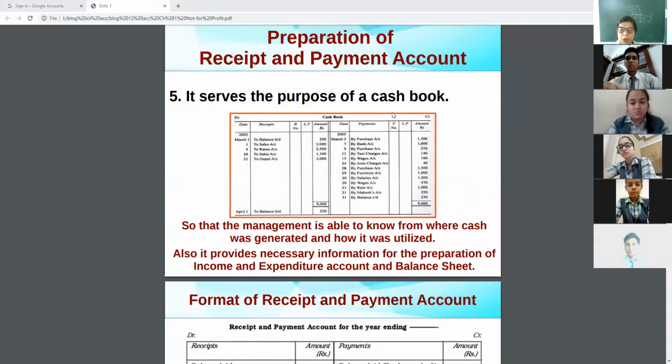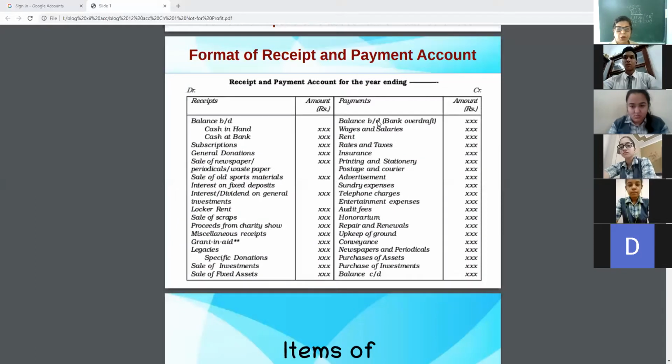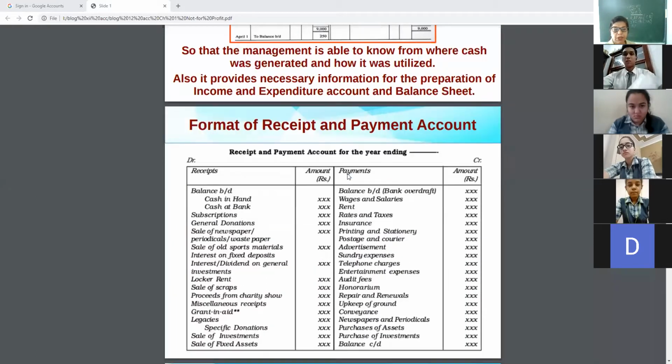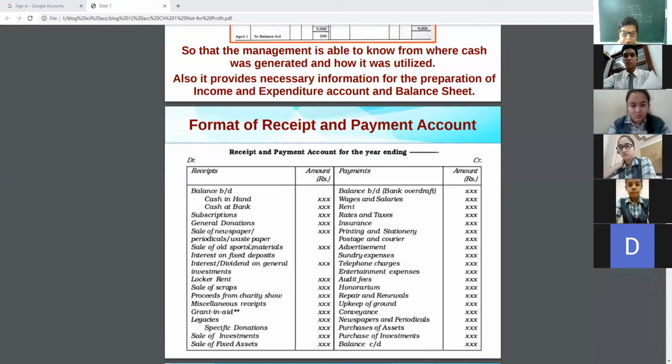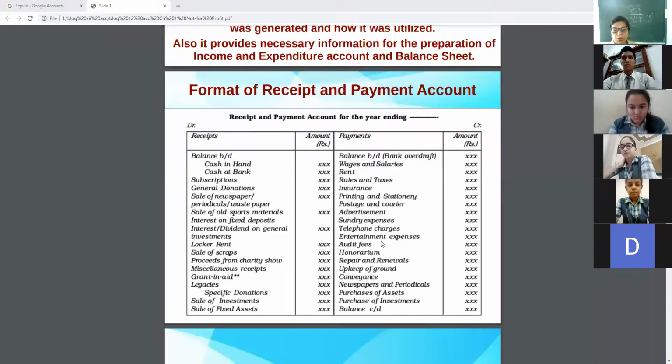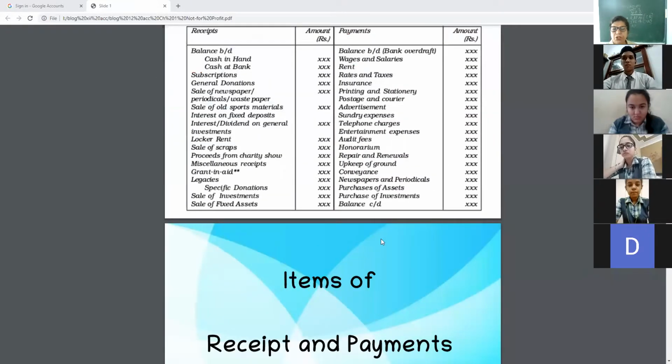It serves the purpose of a cash book. Then the format of receipt and payment: yesterday I told you to just see. This is the opening balance, this is the closing balance, and all the receipts, whether they belong to the current year, previous year, or next year, and all the payments.